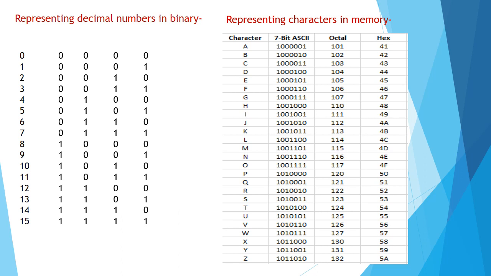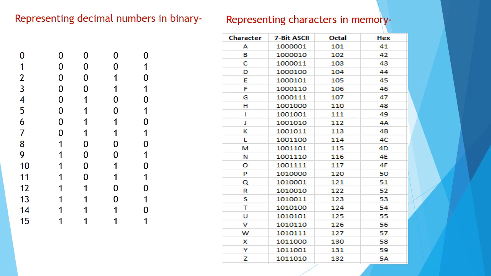So if any one of these is given, you can convert it into the respective character. If the octal representation 101 is given, you can understand that 101 is for character A. Similarly, if you are given the octal representation 110, you can understand that 110 points to H, and the hexadecimal code for it is 48. So easily from this table or list you can understand how to represent one character in the form of another representation, the 7-bit ASCII code, the octal code or the hex code.